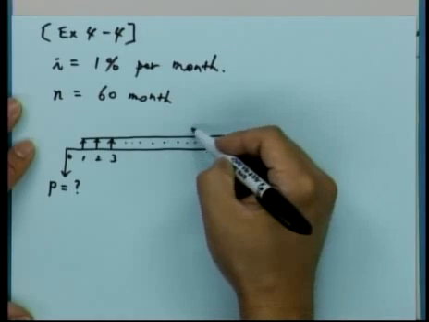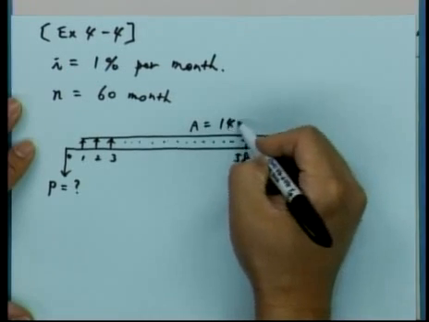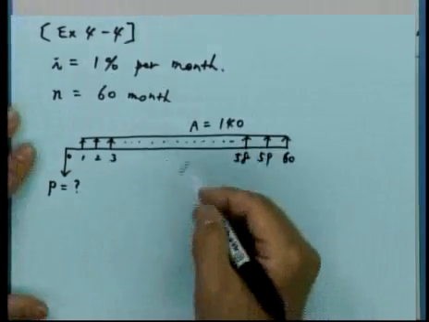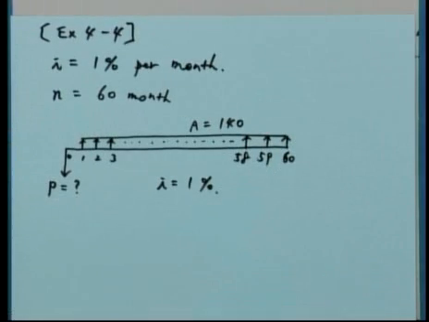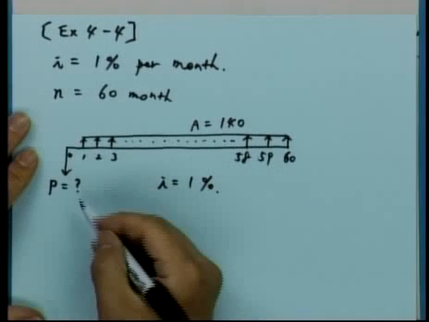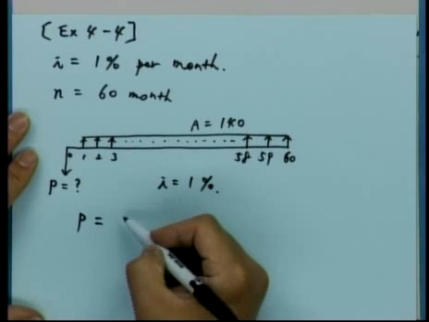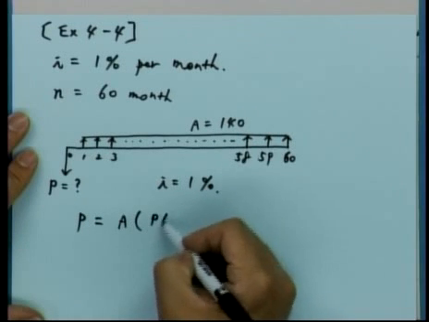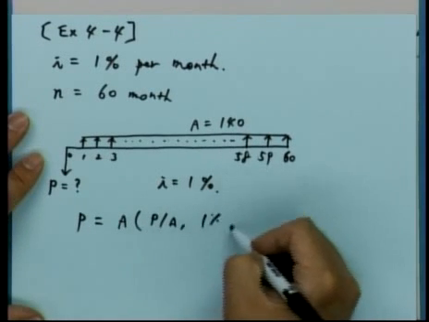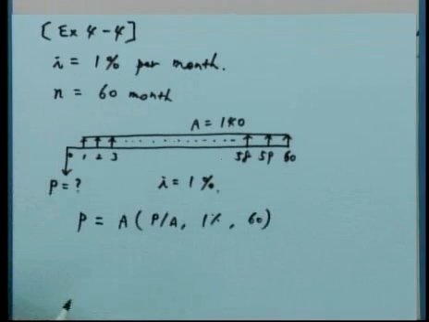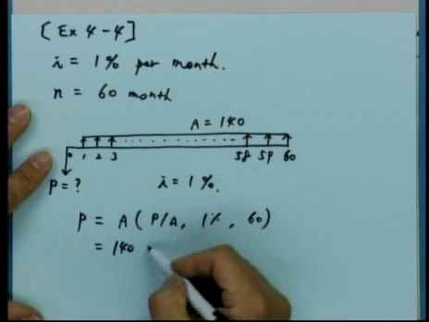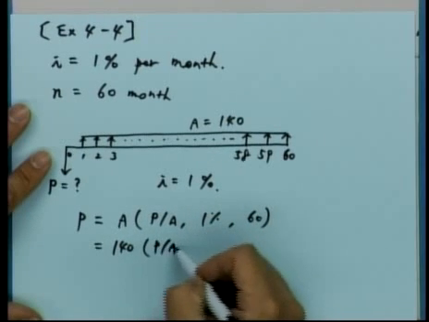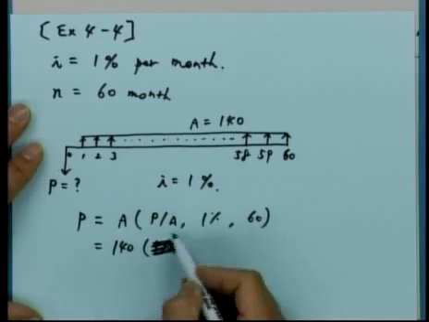Uniform series of A equals $140, right? And the interest rate is 1%. So using the formula, P equals A times P given A, 1% over 60 periods. So it's going to be 140 times P given A. What is this amount?